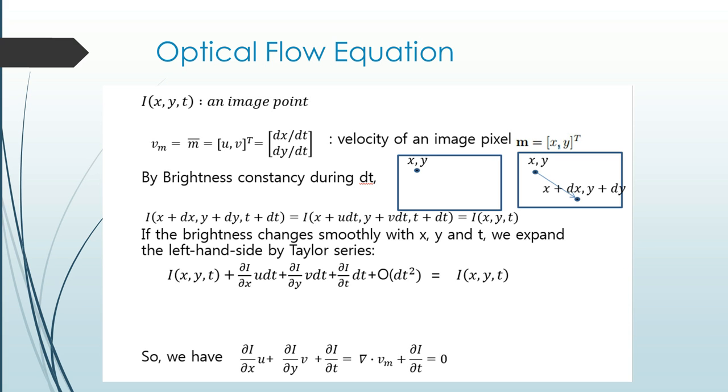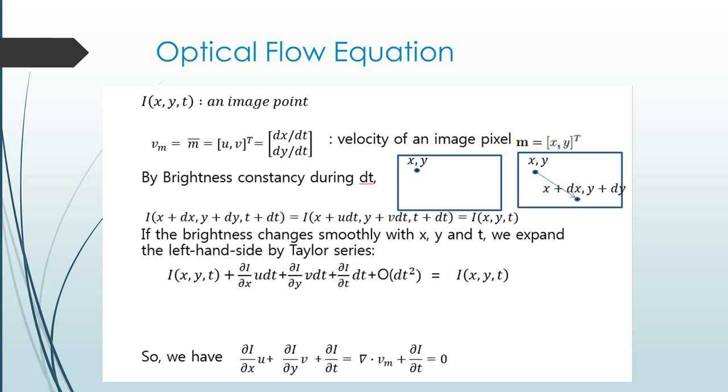So we have the velocity of the image pixel based on this particular equation, as you can see here. Here we are assuming the brightness consistency during the time transition, and this brightness changes smoothly, as we mentioned before. Because we are assuming there's no drastic change, it needs to change very gently, very smoothly.